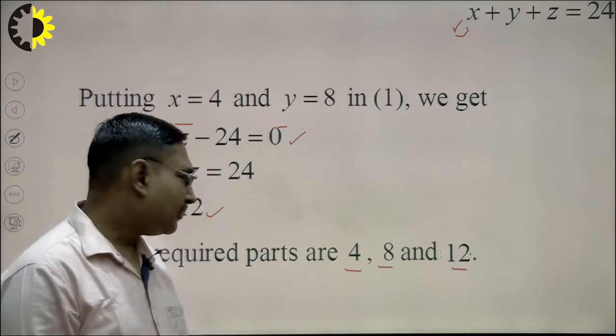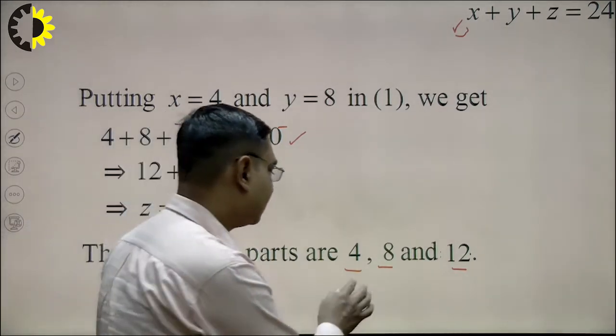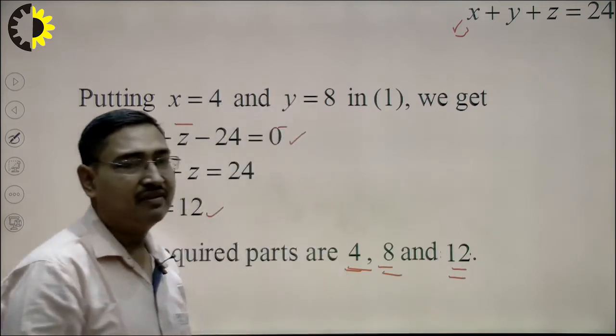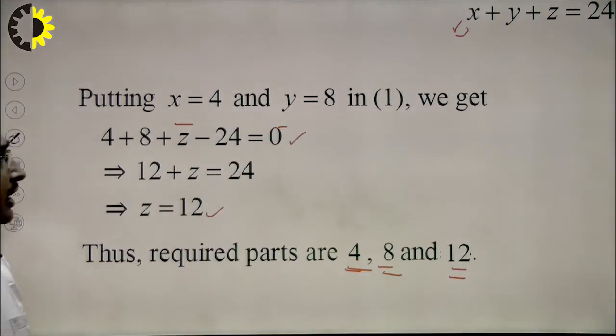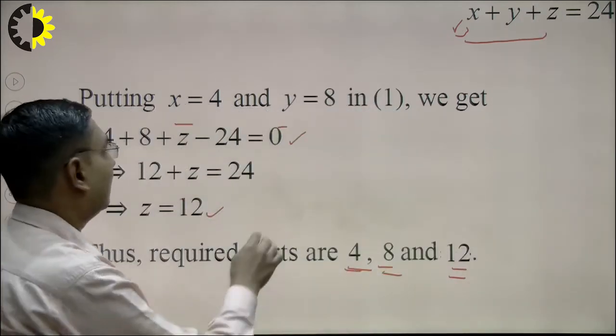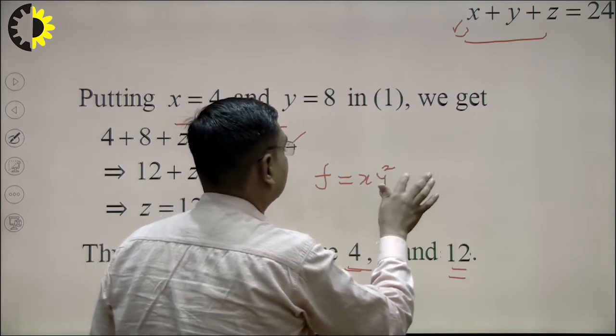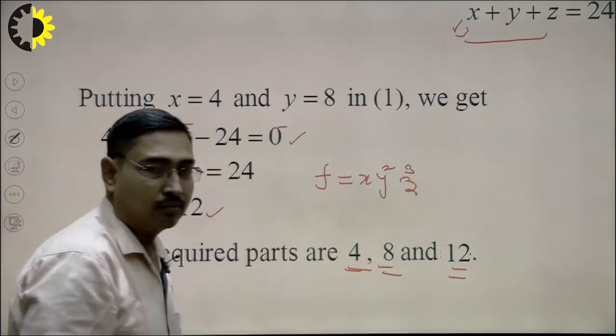Now we will apply the argument that the value of f is maximum for these values of x, y and z. Here x plus y plus z is given to be 24. Our f was x y square z cube.